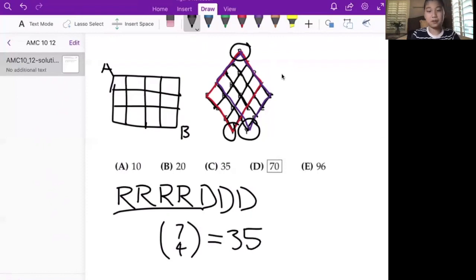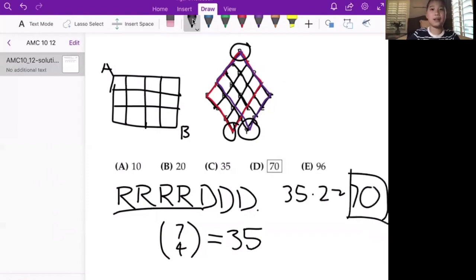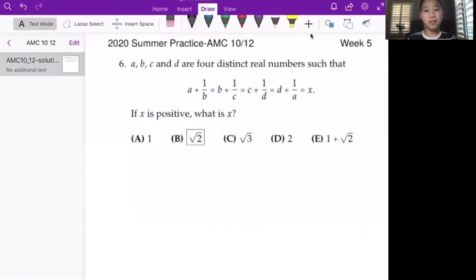So there are 35 ways to get from this top B to either the left Y or the right Y. So the number of ways to get to either Y is 35 times 2, which is 70. So that's our answer.